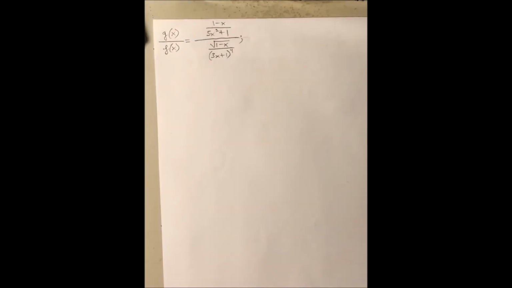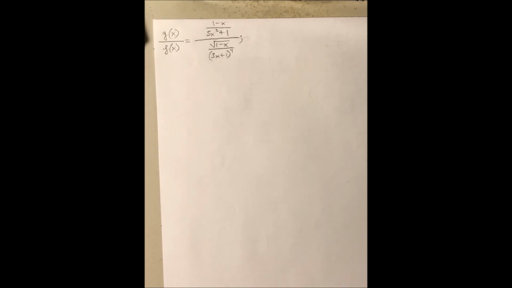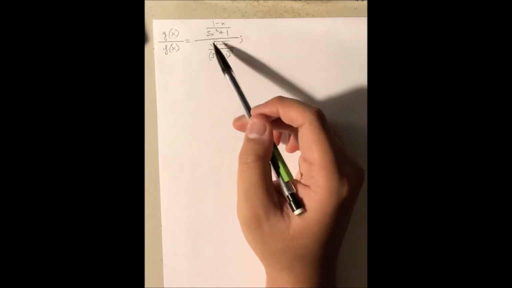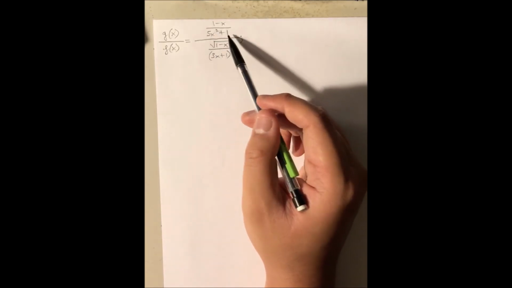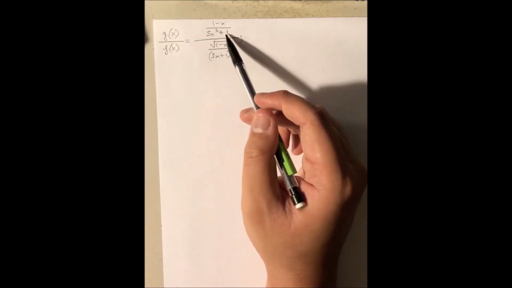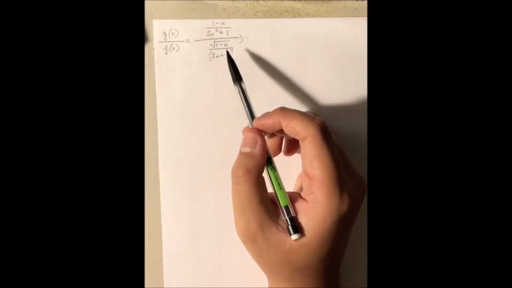Now, what about g of x over f of x? Well, g of x is this and f of x is this, so I already put it in here. Looking at this rational expression, a fraction divided by another fraction, when we take a look at this denominator, we know that it's always going to be a non-zero number no matter what, just like we did earlier.